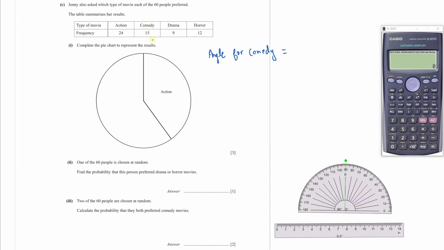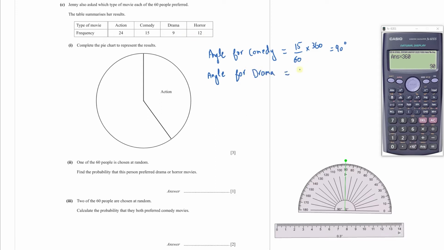Comedy is preferred by 15 people, so 15 out of the total, which is 60. 15 divided by 60 and then multiplied by the full 360 degrees. So this is 90 degrees.